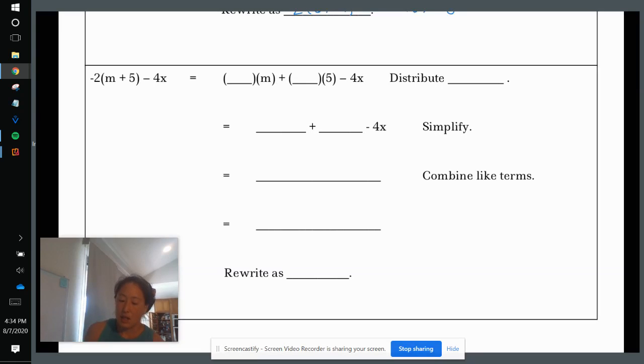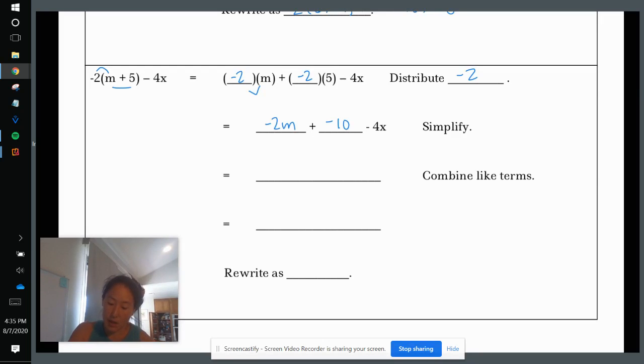All right. So again, what are we going to do first? Well, I can't simplify inside the parentheses, so I need to distribute. Negative 2 times m plus negative 2 times 5 minus 4x. So we're going to distribute the negative 2, and then we're going to multiply. Negative 2 times m is negative 2m, and then negative 2 times 5 is a negative 10 minus 4x.